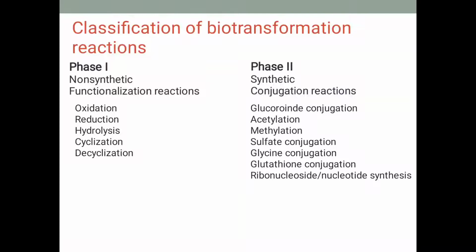So these are the main reactions through which drug is metabolized. Phase 1 is non-synthetic functionalization process, phase 2 is synthetic conjugation reaction. Phase 1 includes oxidation, reduction, hydrolysis, cyclization, decyclization. Phase 2 includes glucuronide conjugation, acetylation, methylation, sulfate conjugation, glycine conjugation, glutathione conjugation and nucleoside synthesis.